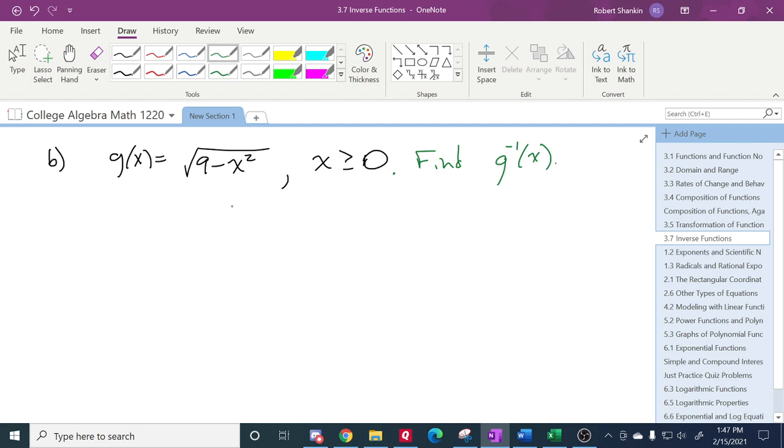All right, group 5. Can you start me out and just tell me what should I do to start to find G inverse of x?